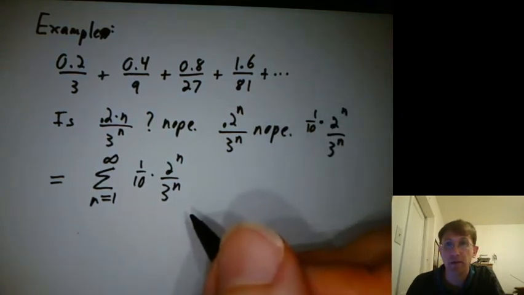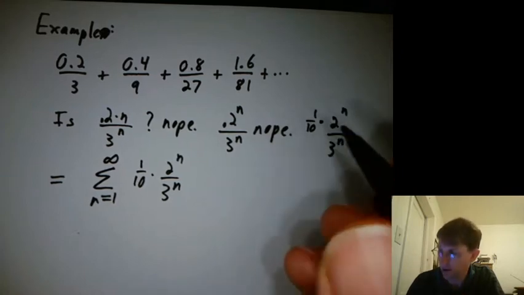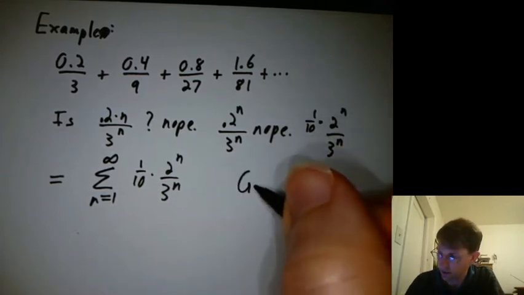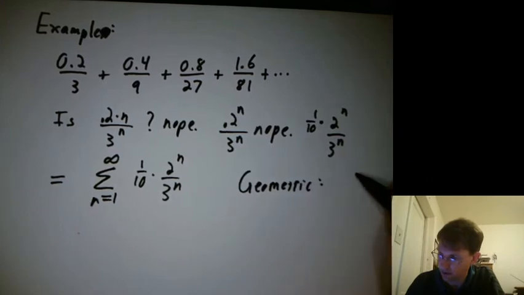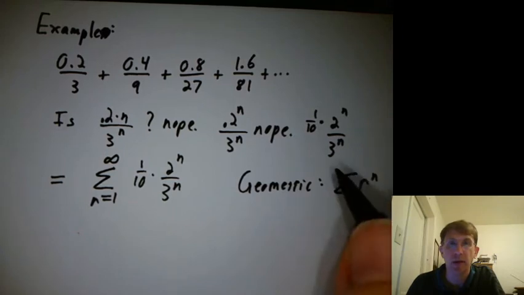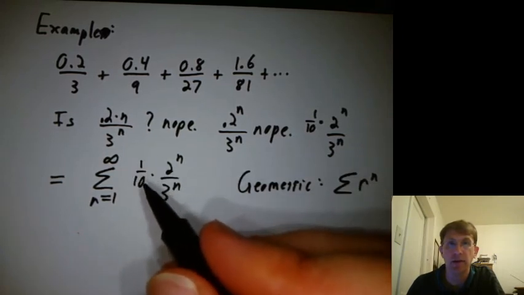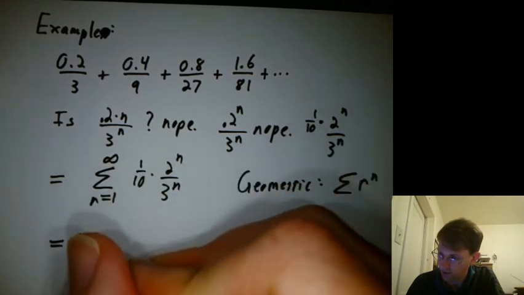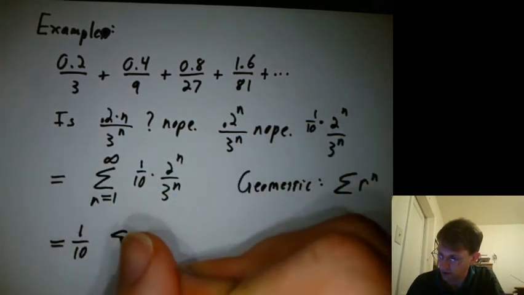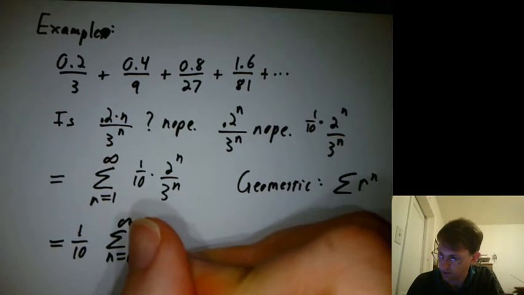Is this a geometric series? That's a good question. A geometric series has r to the n. Let's remind ourselves what a geometric series is: the sum of r to the n. It doesn't allow for a constant here. Can we do anything about that? Well, we could move the constant out front. So say 1/10 times the sum from n equals 1 to infinity.